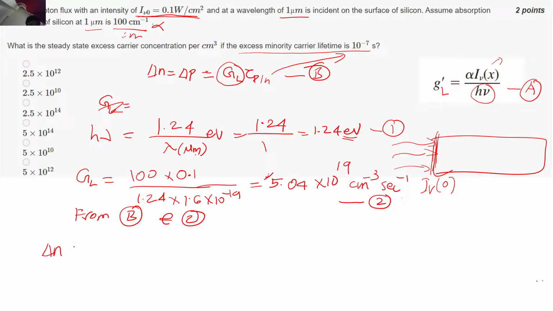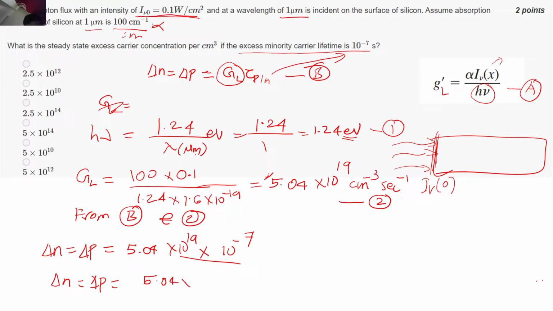Delta n equals delta p equals 5.04 into 10 to the power 19 into tau, which is given as 10 to the power minus 7. If you calculate this, it comes out to be 5.04 into 10 to the power 12.